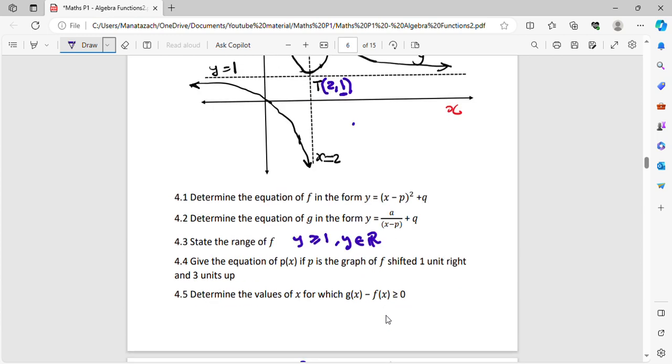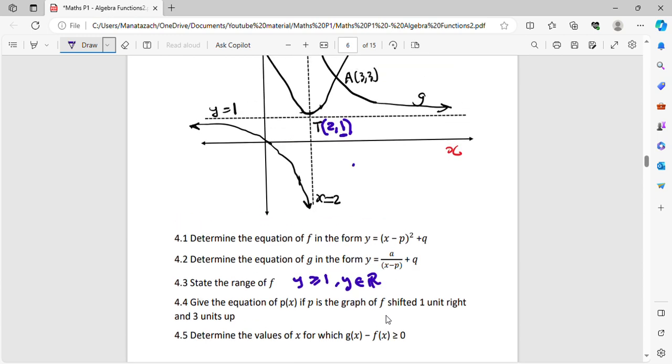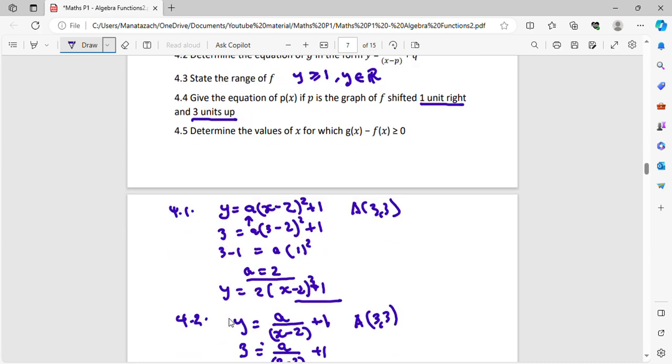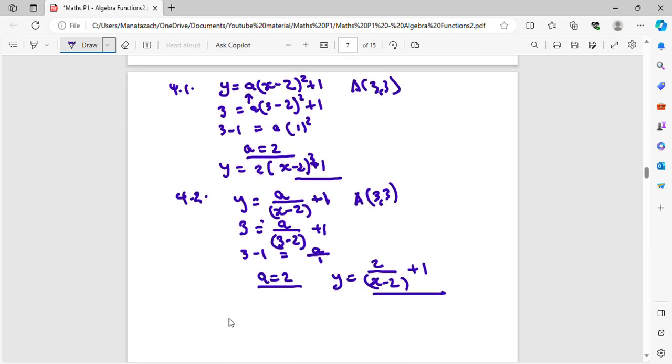Okay, question 4.4. Give the equation of p of x if p is the graph of f shifted 1 unit right, and then 3 units up. We know the graph of f of x, we've worked it out under 4.1. Let's rewrite it.